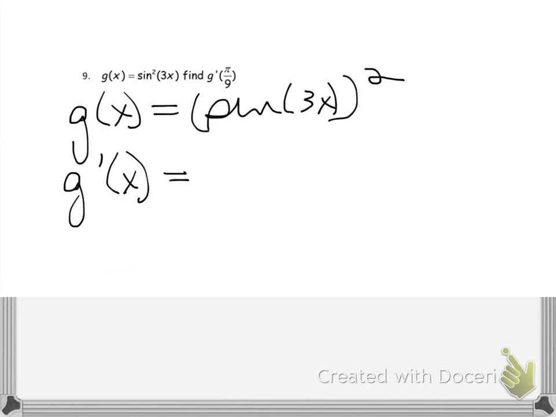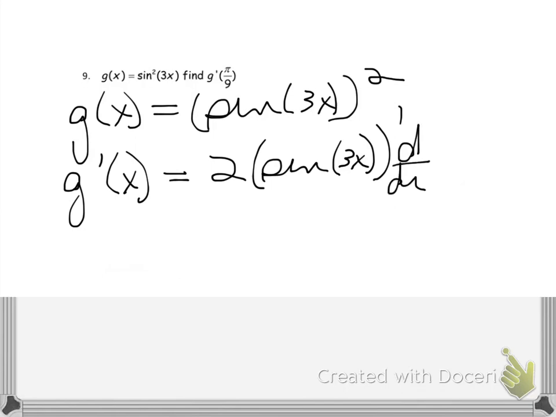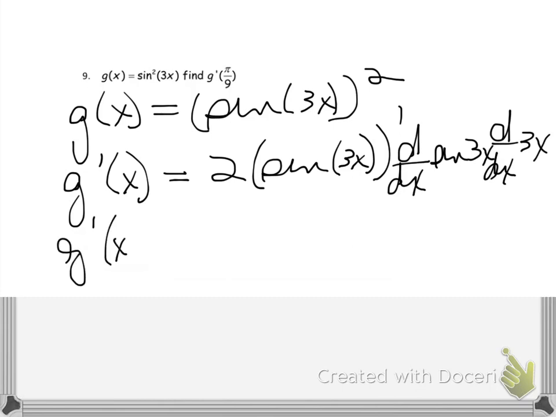So the first derivative is going to be, power rule, 2 times sine 3x, this whole quantity is taken to the first power. Now I'm going to take the derivative with respect to x of sine 3x, and I'm going to take the derivative with respect to x of 3x. Okay, so what I'm getting when I clean this up, I'm just going to talk this through.